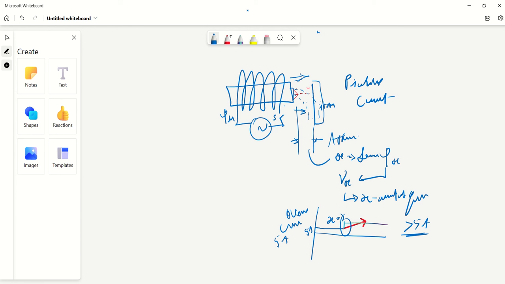Once again, the amount of flux produced by the relay which is able to pick the iron piece, the armature, that is a pull or push of the armature. That point will be considered as the pickup point.